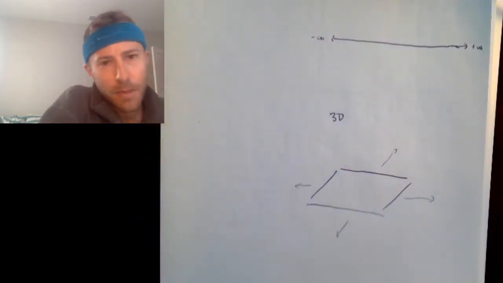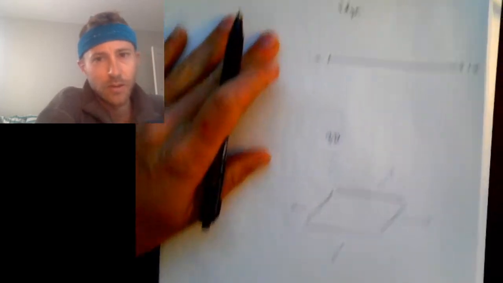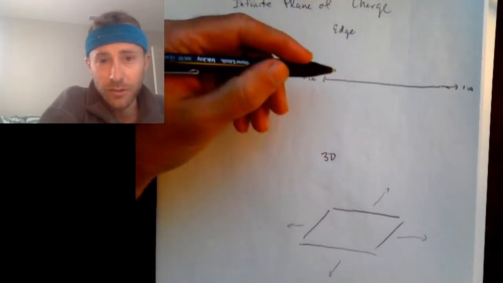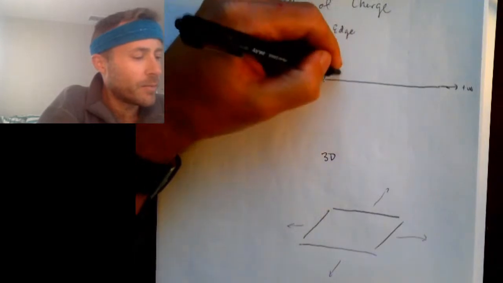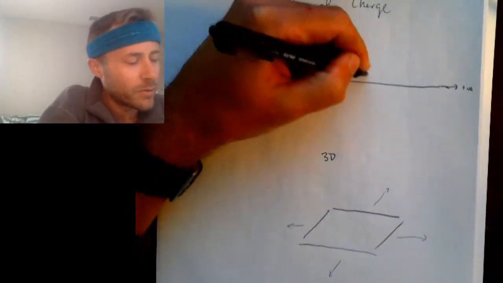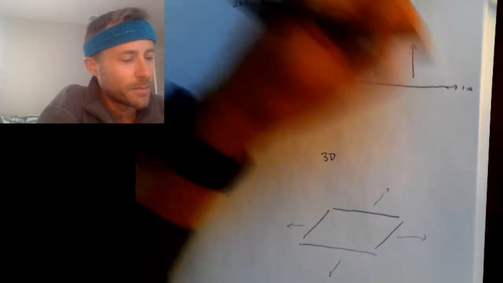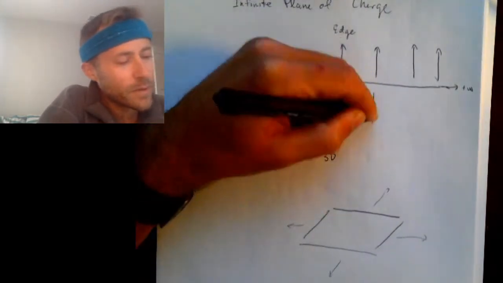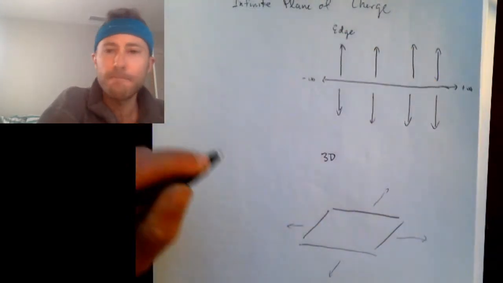How does the electric field point for this? Well, it's sort of similar to the cylinder when we look at it from a side view, because the electric field points directly away from the plane, okay?